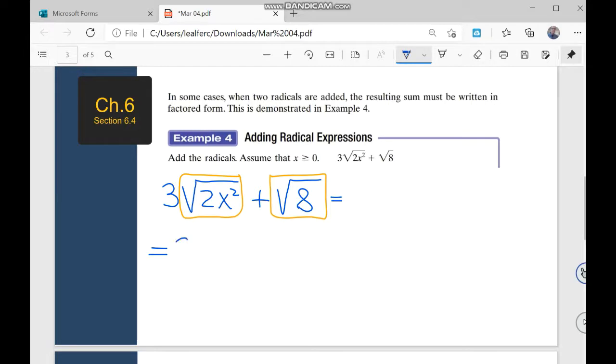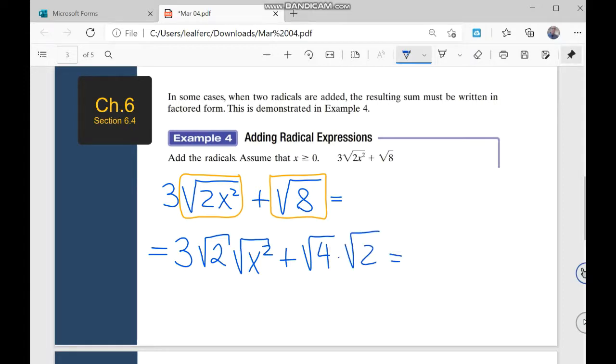Break it down the most that you can, and we can break down the first one as the square root of 2 times the square root of x squared, and we can break down the other radical that we have as the square root of 4 times the square root of 2. This is the square root of 8.